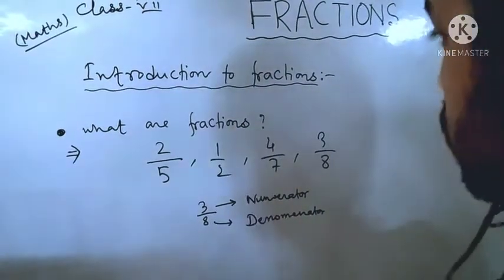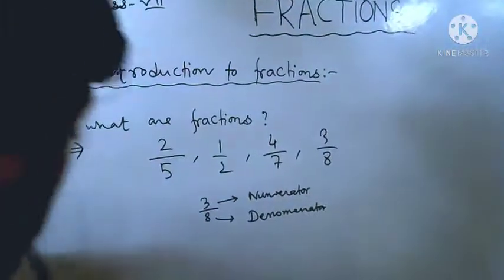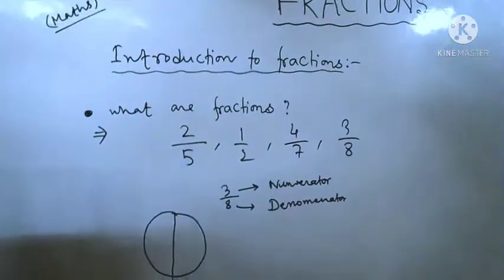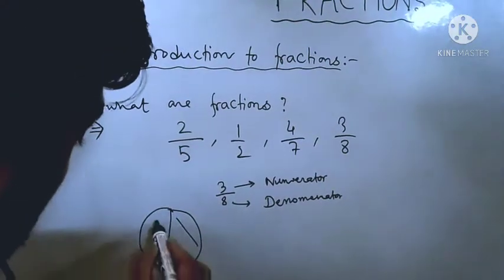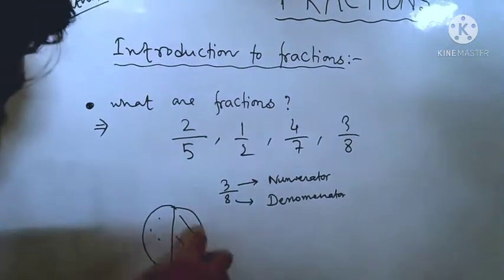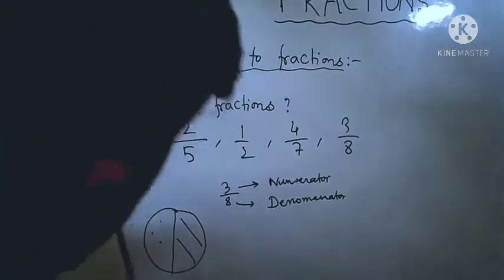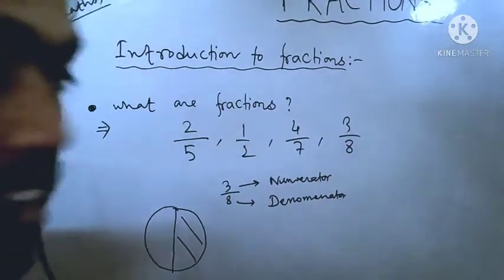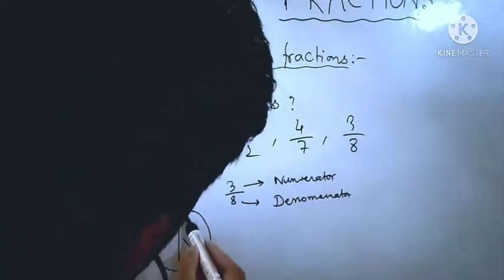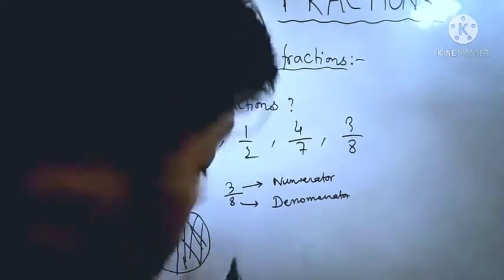Okay. So now we see some pictures. This picture has two parts, this part and this part. Okay, this circle has two parts. So if we are asked the value of this side, then you have to write 1 by 2.